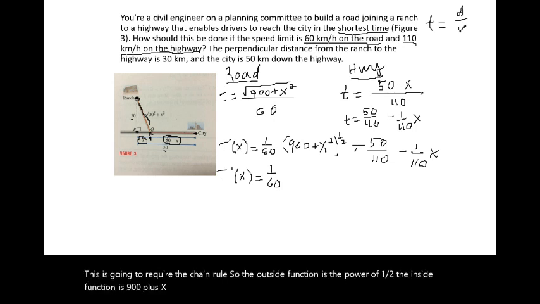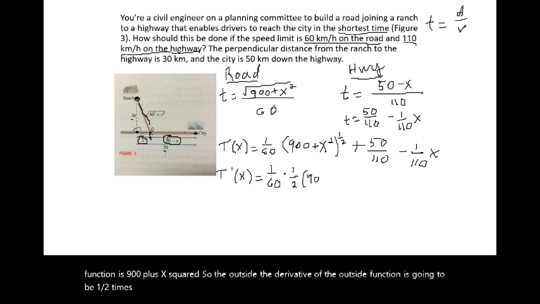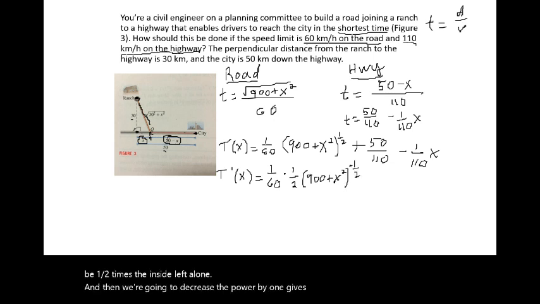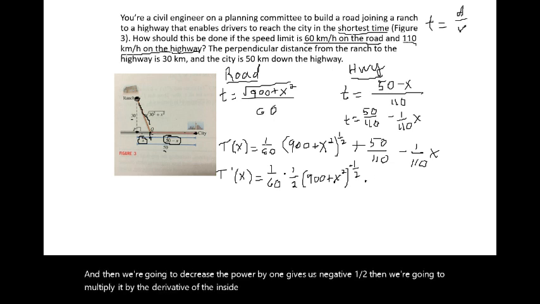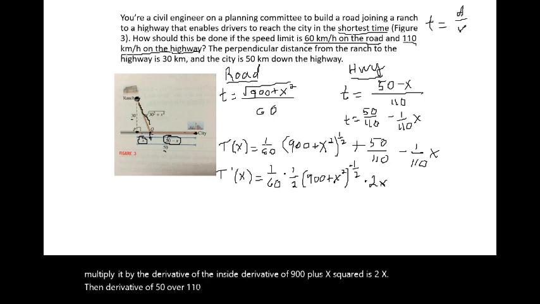So the derivative of the outside function is going to be 1/2 times the inside left alone, and then we're going to decrease the power by 1, which gives us negative 1/2. Then we're going to multiply it by the derivative of the inside. The derivative of 900 plus x squared is 2x. Then the derivative of 50 over 110 is 0, minus the derivative of 1 over 110x, which is 1 over 110.